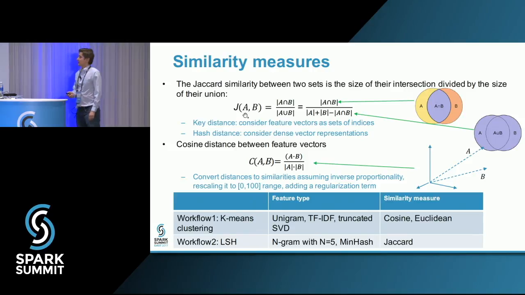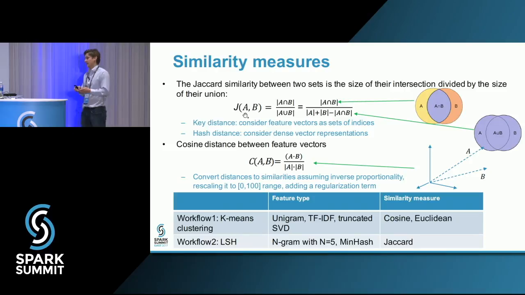So now that we have identified the collections of documents using these 2 alternative workflows, for which we calculate all-pair similarity, let me talk more about the similarity measures that we use. We actually tried various measures available out there, including Jaccard.